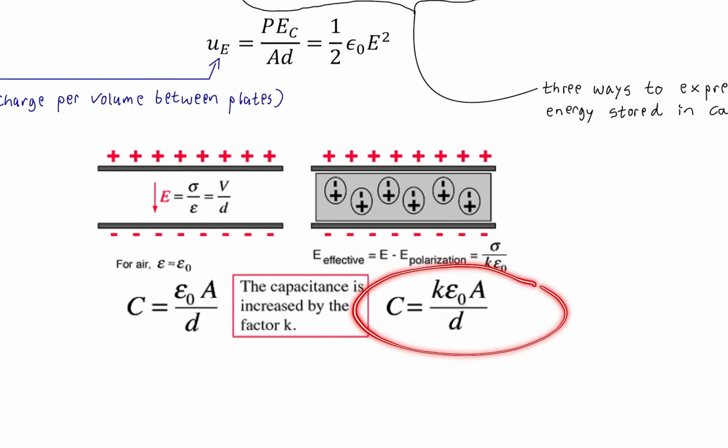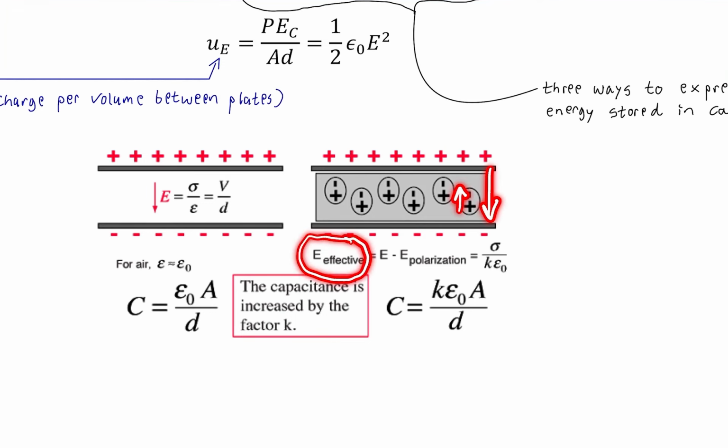Here's a cool idea: the electric field is flowing in this direction, but then there's the opposing electric field. So the effective electric field, the total, is the original external electric field, the one driven by the voltage of the battery, minus the electric field of the polarization, which is due to the dipoles that develop in the material. That's why different materials create different dielectrics: some are better and some worse at creating these dipoles, based on how the molecules function.